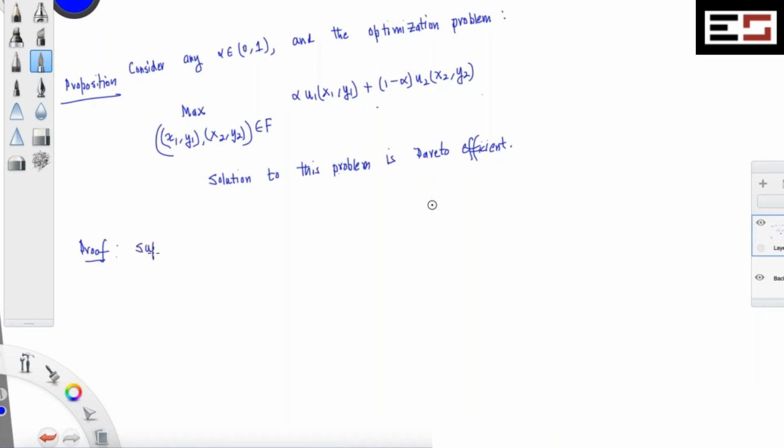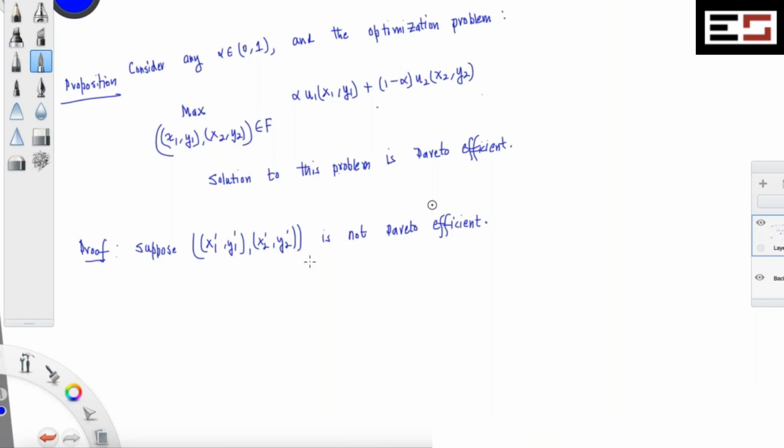So suppose x1', y1', x2', y2' is not Pareto efficient. Now what do I want to do? I want to show that then this cannot be the solution to any problem of this type. Okay, so how will I show this?